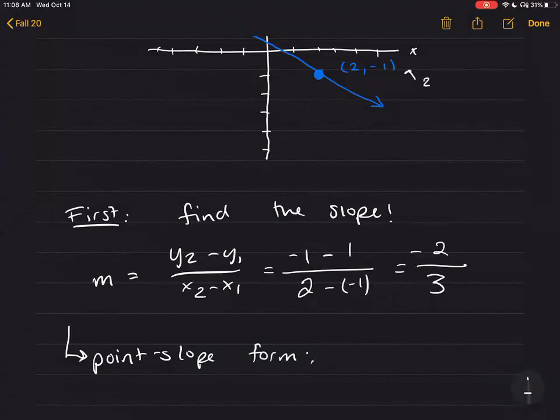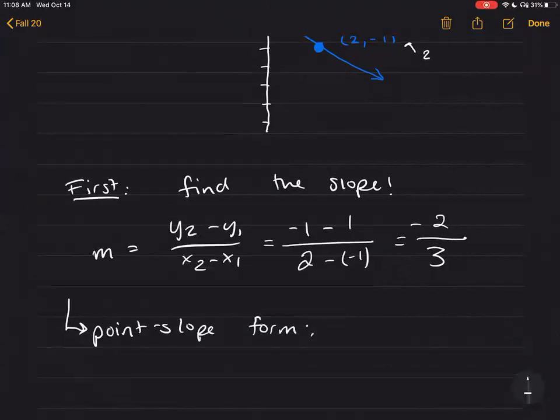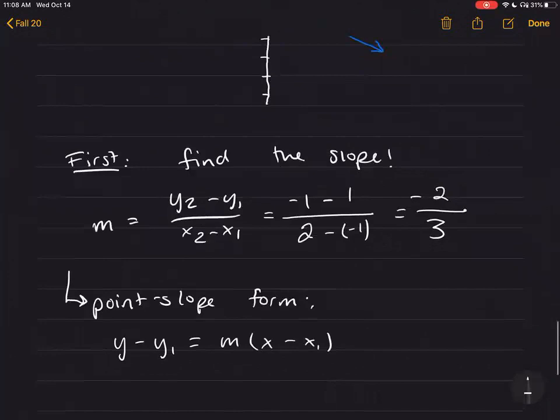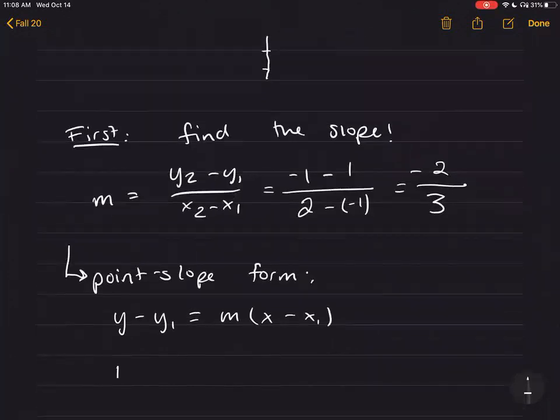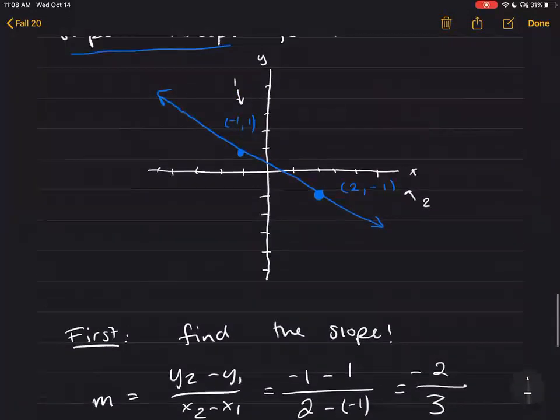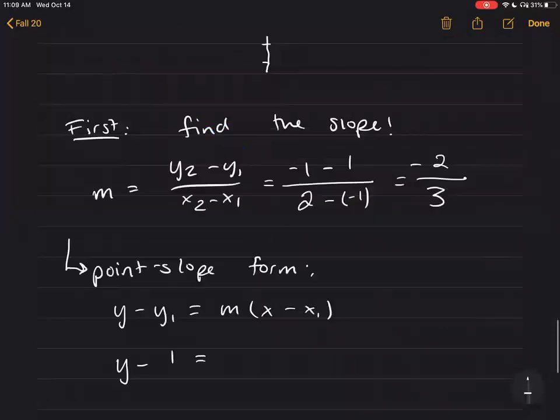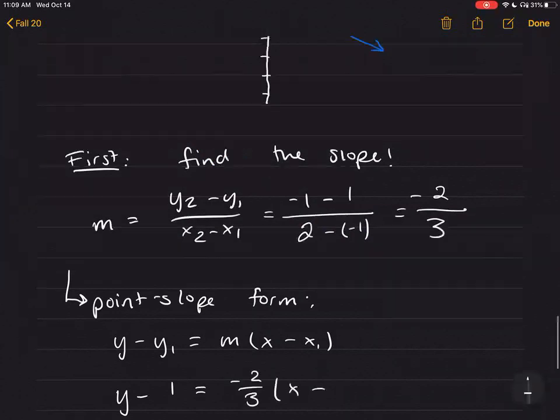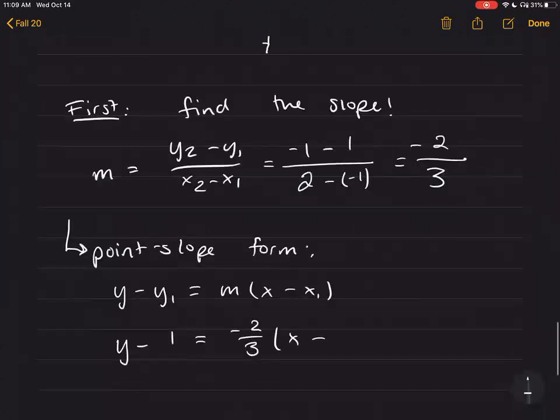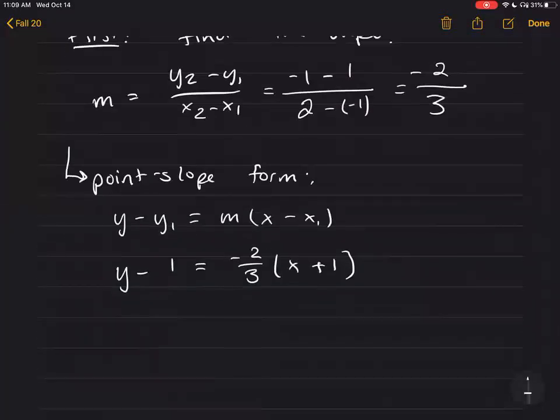With this, we can write down our point-slope form, because now we have a slope and we have a point. Remember, it's y minus y1 equals m times x minus x1. In this case, y minus y1 is 1 equals m is -2/3 times x minus x1 is -1, so this would be +1. Now, we could have picked the other point, and it is perfectly okay to use it.